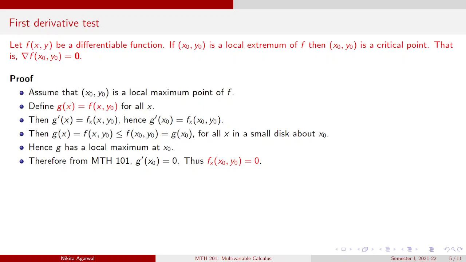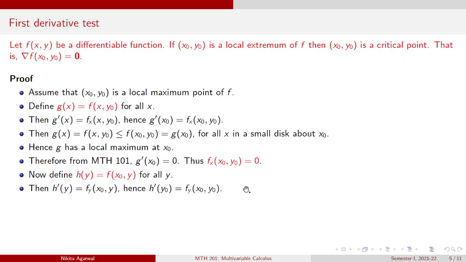So what did we do in this proof? We went back to one variable. We constructed a function of one variable, and we figured out that one of the partials is 0. Now to prove that f_y, the partial of f with respect to y at the given point, is 0, you define another function where you fix the x coordinate x0 and vary y, and you follow similar steps.